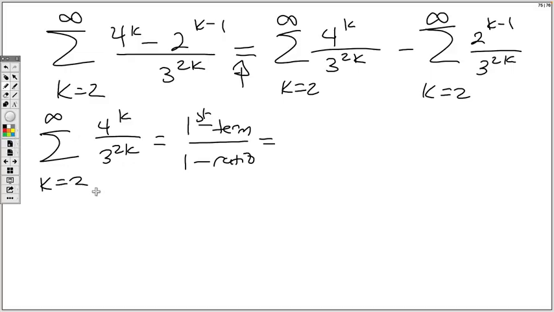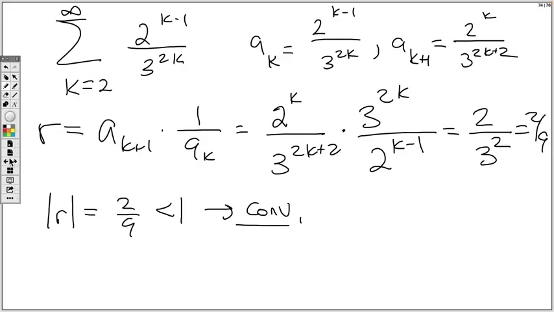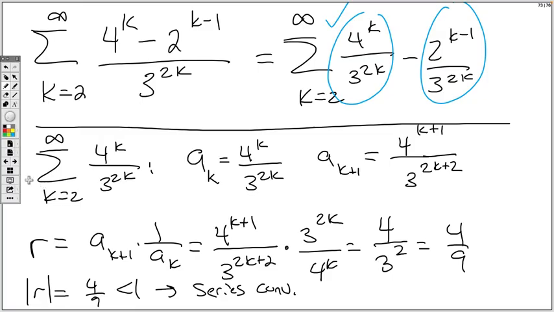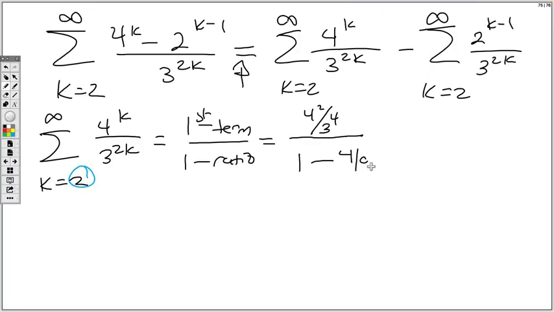How am I going to find the first term here? Well, where does the k start? 2. So I'd plug 2 into that. I would get 4 to the 2 over 3 to the what? 4th. 1 minus the ratio. We determined the ratio as part of our analysis. That was 4/9. So I would have 16 over 81 divided by 5/9.